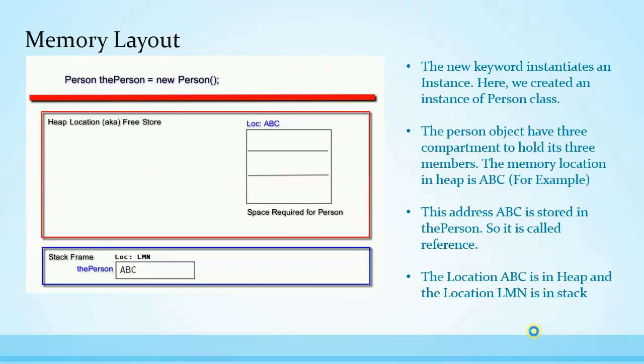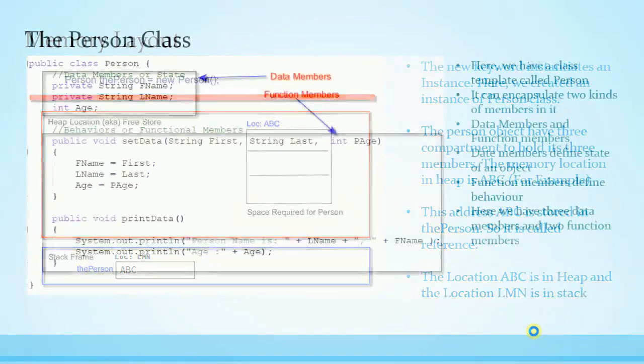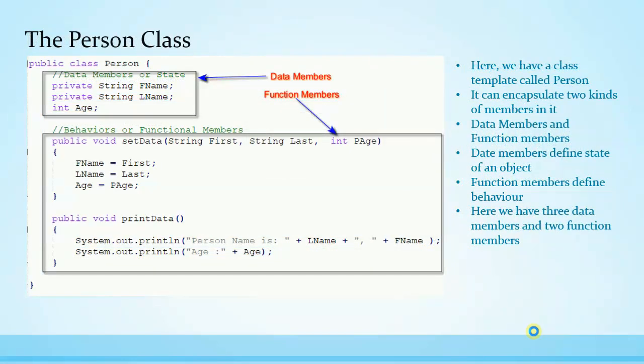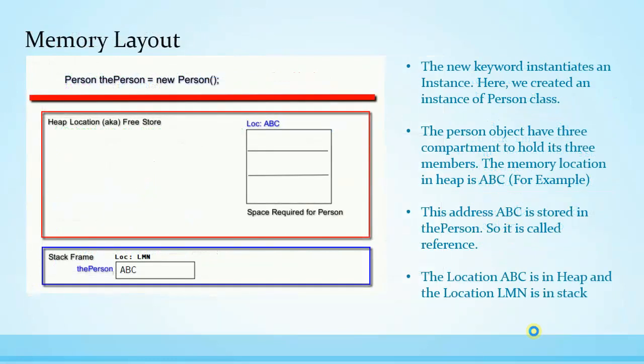Let's say we are creating an instance of the Person class. As I already told, on the left hand side of the equals sign, we have Person, so that is the class type. Let me go to the previous slide. If you see, the class template name is Person, so that's why we are placing Person here, then person, which is the name given to the reference.